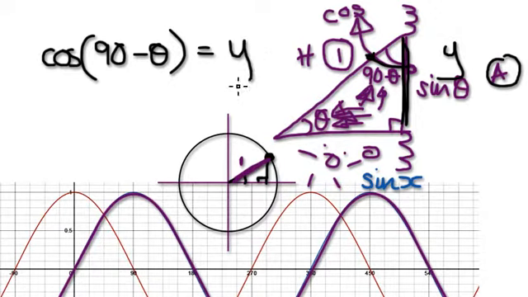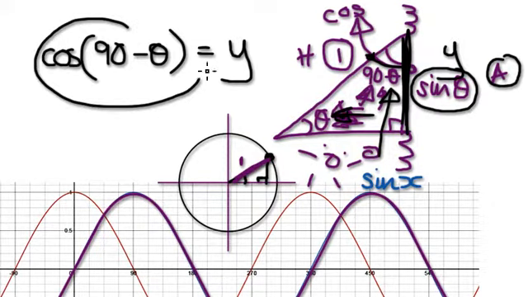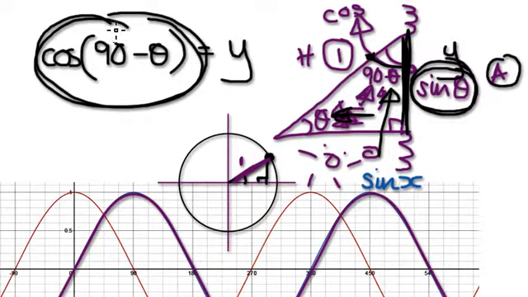When we use this as a reference point, this length here is given by sine theta. When we use this as a reference point, then y is given by cos. So you know that sine theta is the same as cos of 90 take away theta.